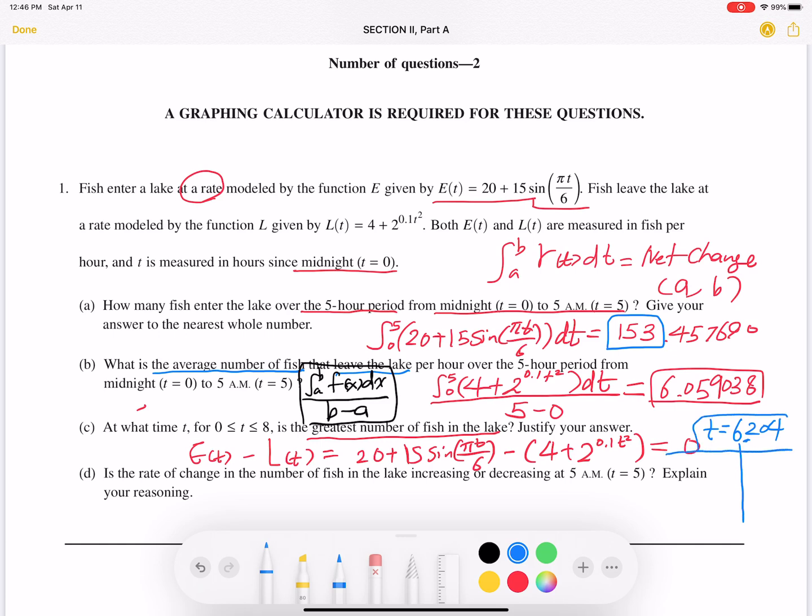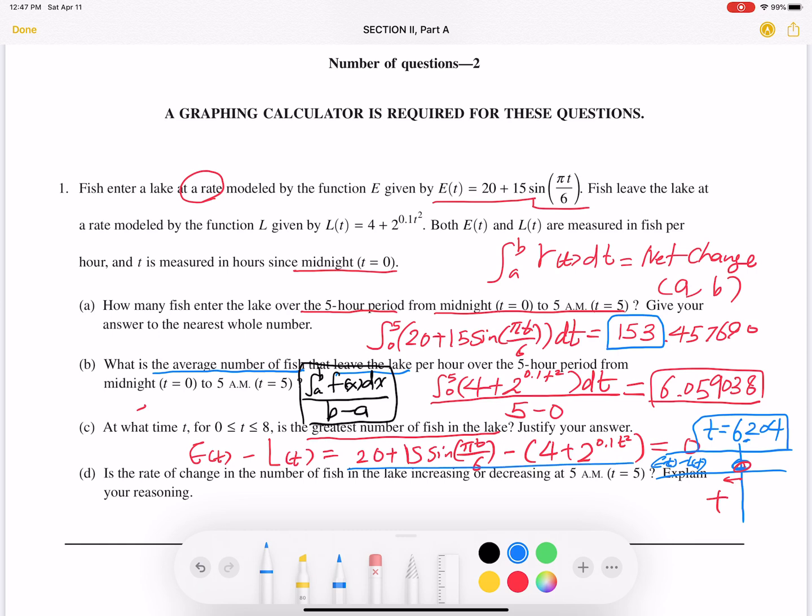If t is exactly 6.204, that E(t) minus L(t) is exactly 0, right? But if t is less than this number, that rate is positive. You can plug in any number less than 6.204 into this function, and they're going to be positive.